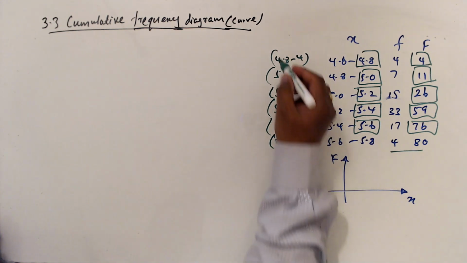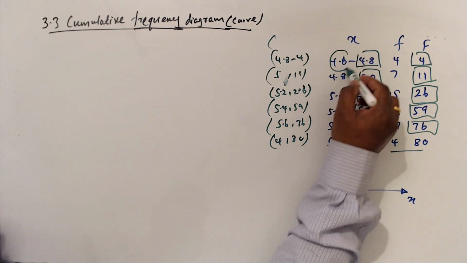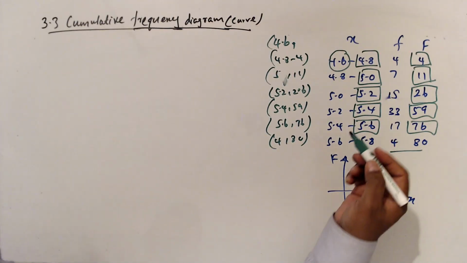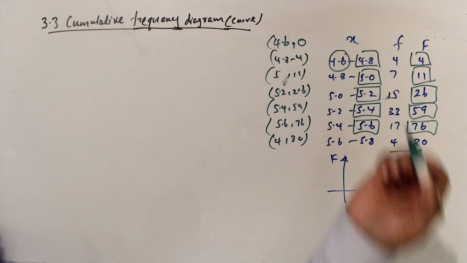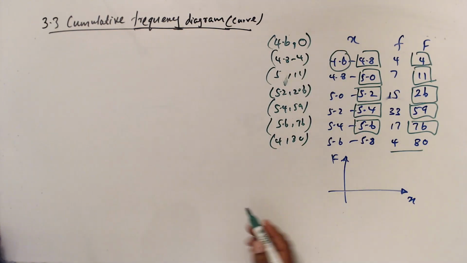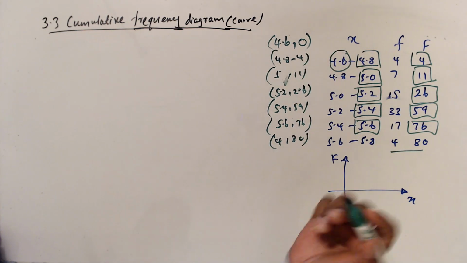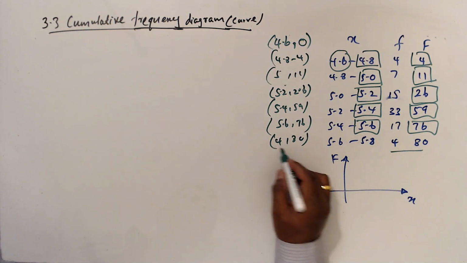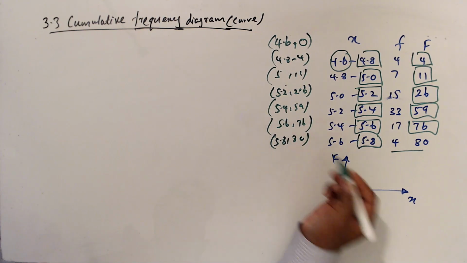What is the starting point? The starting value is 4.6. At 4.6, the cumulative frequency is 0.